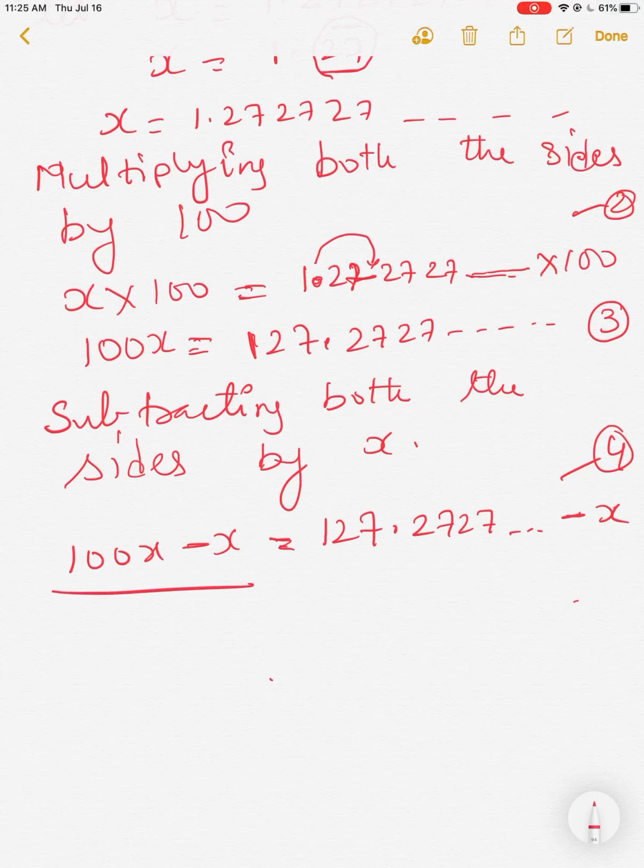Now 100x minus x, I already told you x means 1x. 100 minus 1, 99x is equal to 127.2727... minus x.